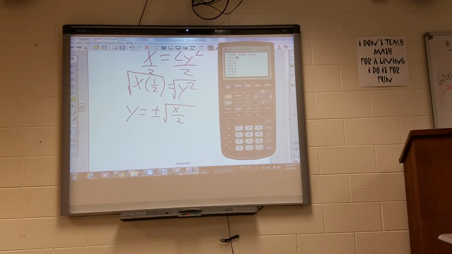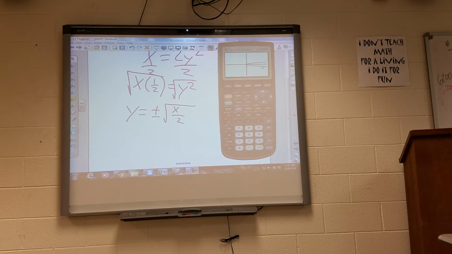So we have y equal to positive square root of x divided by 2 and negative square root of x divided by 2. And when we graph it, you'll see that we get a horizontal parabola.